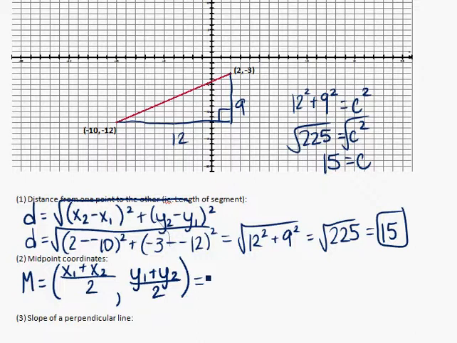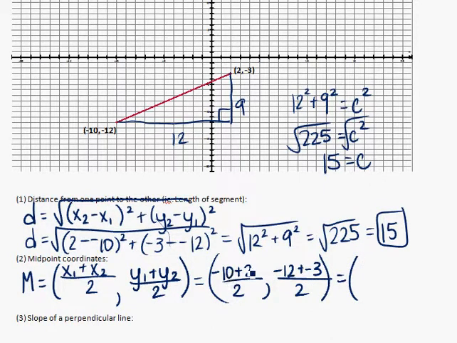When I substitute in my points, I get x1, negative 10, plus x2, which is 2, all over 2, comma, y1, which is negative 12, plus y2, which is negative 3, all over 2.